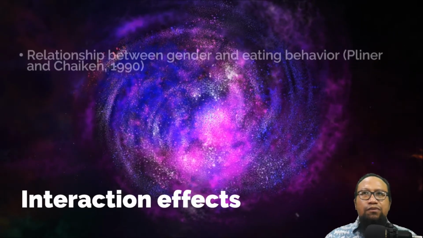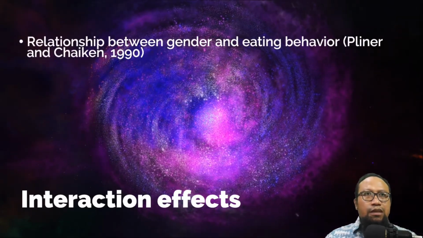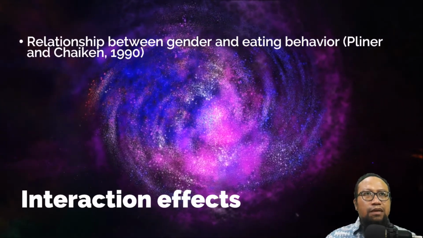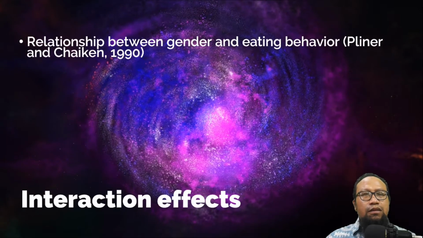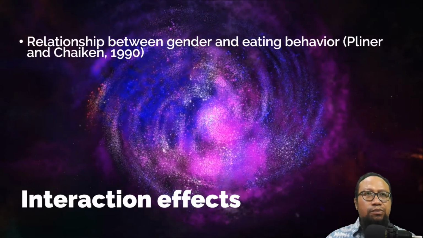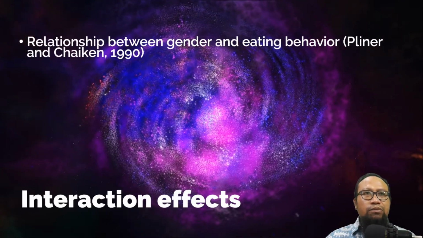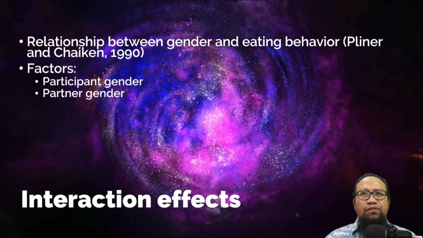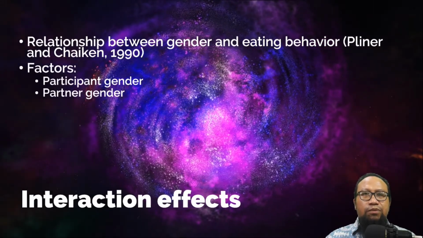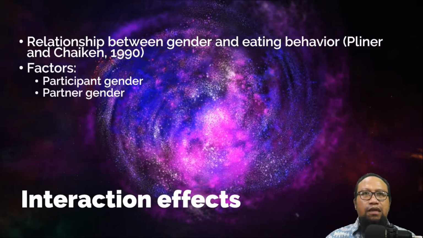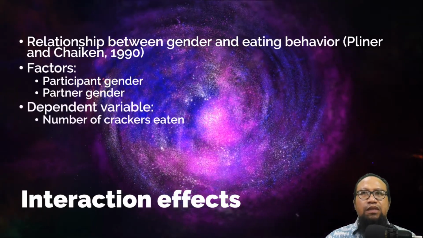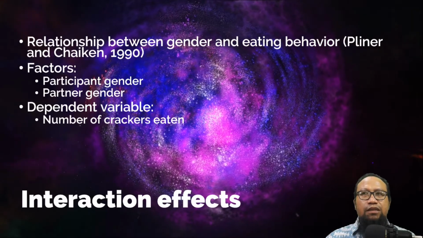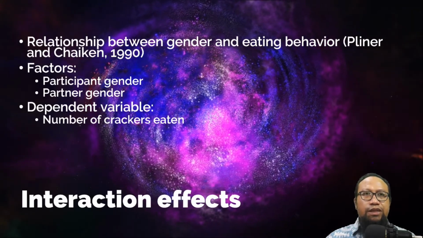Another example is the experiment from Pliner and Chaikin. This is an experiment about the relationship between gender and eating behavior. The factors are participants' gender and partner gender. The dependent variable is the number of crackers eaten.